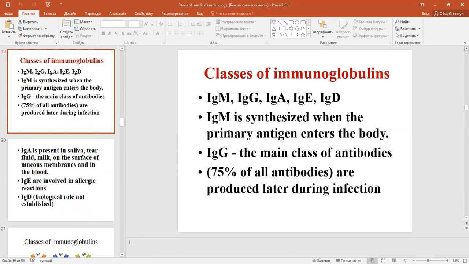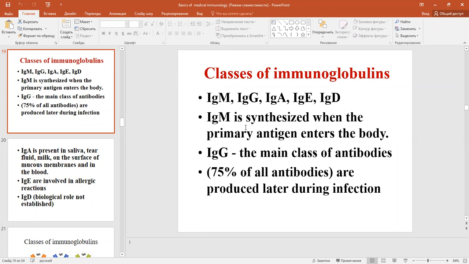Okay, and they differ by functions. Immunoglobulins M are primary antibodies. They are synthesized by the immune system when the antigen enters the body. Detection of immunoglobulins M in the serum of blood indicates a fresh infection, just the initial stage of infectious diseases. But immunoglobulins have a lifetime. They are not circulated in blood constantly.